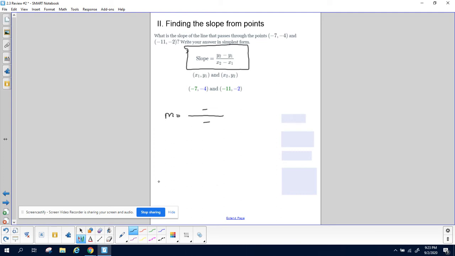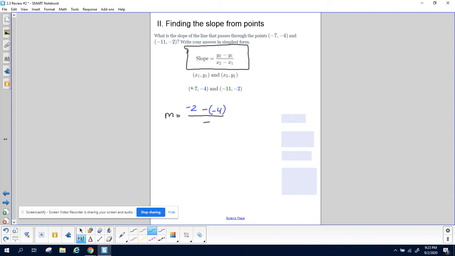Then I'm going to take the y values, and in that problem they wrote the y values in blue, and place them in the problem. Now technically y2 is the number -2. Subtraction sign, and then y1 is a negative number. So be careful, please, because subtracting a negative number changes this to plus when we do the math.